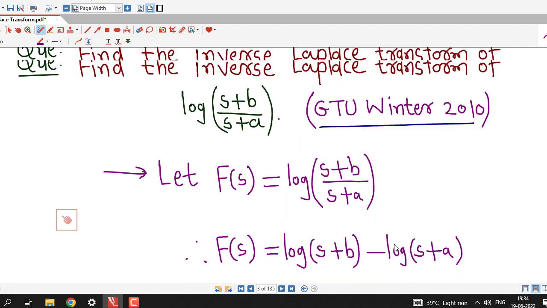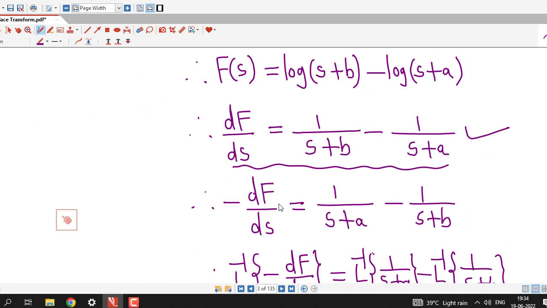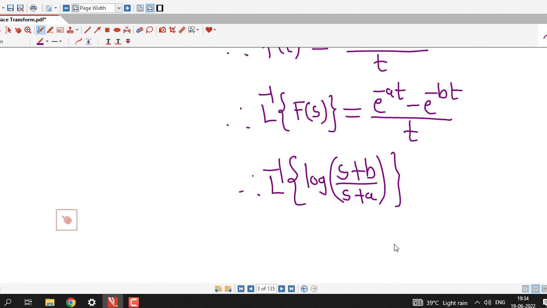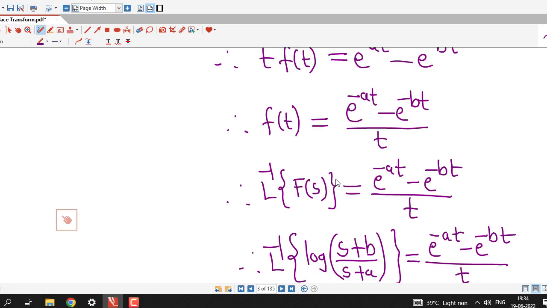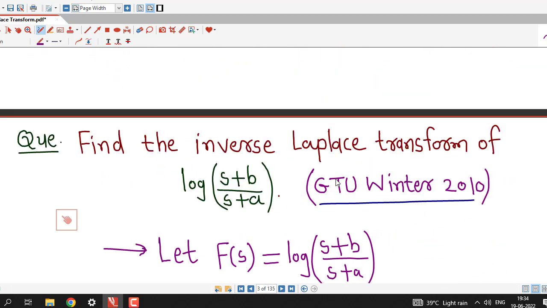So we have obtained the inverse Laplace transform of log of (s plus b) divided by (s plus a) equal to e raised to minus at minus e raised to minus bt, divided by t. In this way we can answer this type of questions.